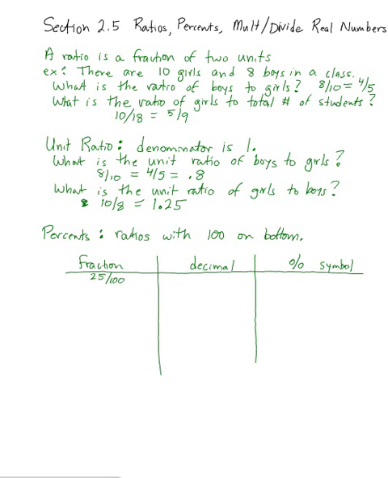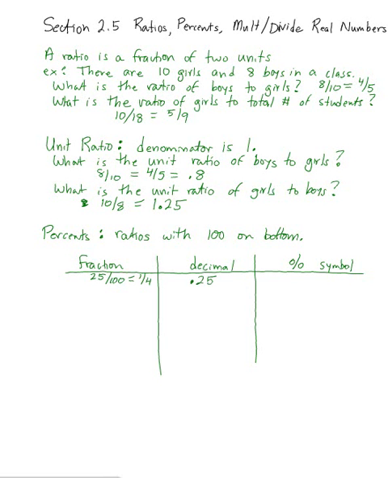That's written as a fraction. Of course, 25 over 100 could be reduced. You could write it as 1/4 also. But the reason I wrote it as 25 over 100 was because I wanted to show you how the fraction, the decimal, and the percent symbol all relate. If you have it written as 25 over 100, 25 over 100 is 0.25. So you see where the 25 and the 0.25 are related.